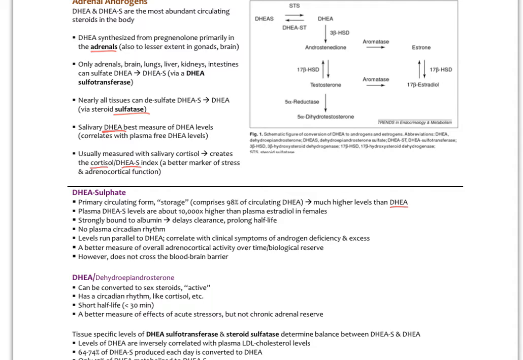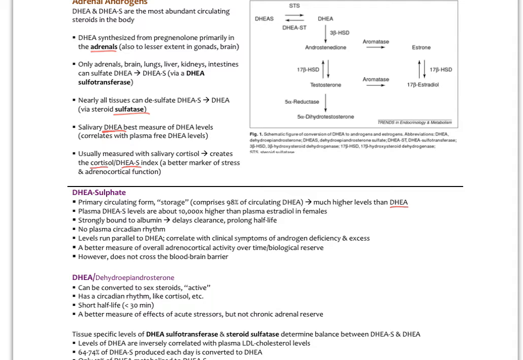DHEAS can travel by itself. It can also bind to albumin, which delays its clearance and prolongs its half-life. So there's no real plasma circadian rhythm with the sulfated form. And the levels run parallel with DHEA, and they correlate with clinical signs and symptoms of androgen deficiency and excess.